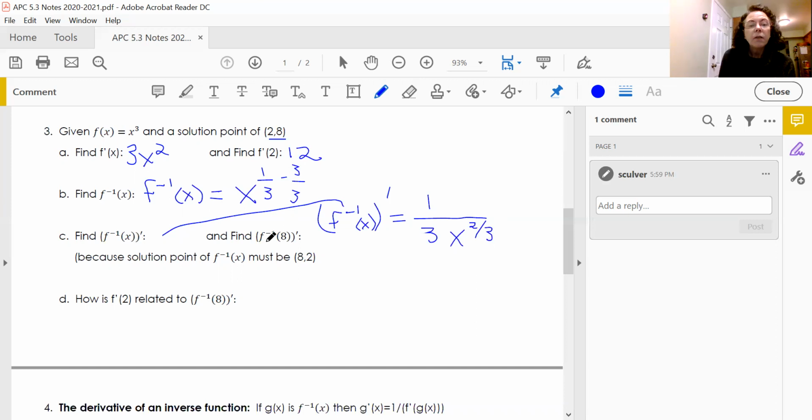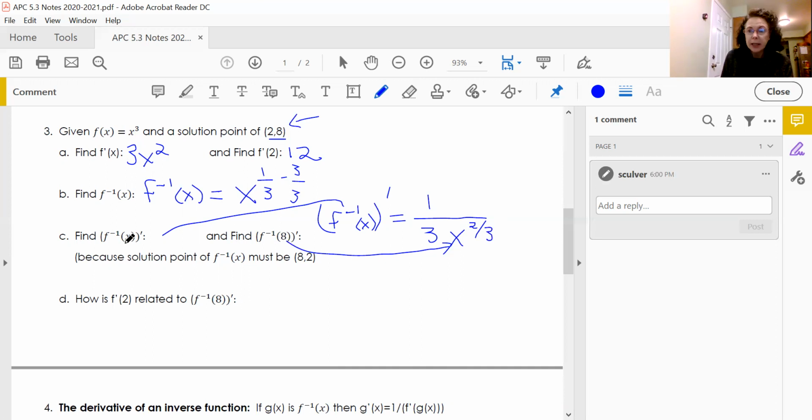And now let's evaluate that derivative at 8. So you may say, well, why am I using 8? I used 2 up here when I found the derivative of the original function. Because take a look, the solution point of the original function was (2, 8).